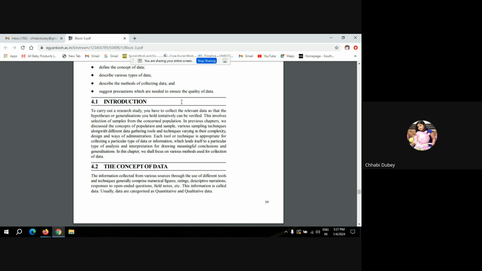This information is generally called data, and data can be categorized as qualitative data and also as quantitative data.